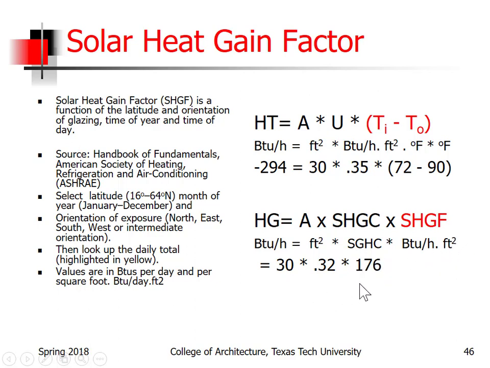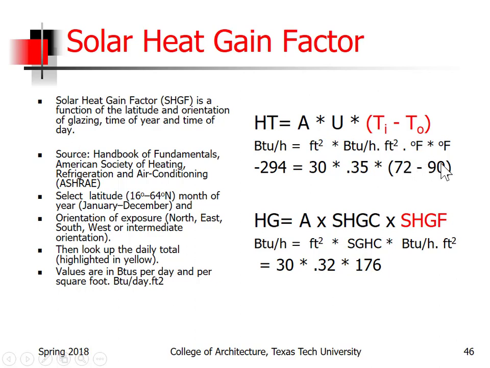So 30 times 176 would tell us how much total energy we have trying to get through the window, and then if we multiply that by 0.32, then only 32% of that energy is actually going to pass through the window. Here, if we look at heat transfer, we have the area, the U value, and the TI and TO. So the solar heat gain factor in this case is the driving force, how much energy we have trying to get through the window into the building.